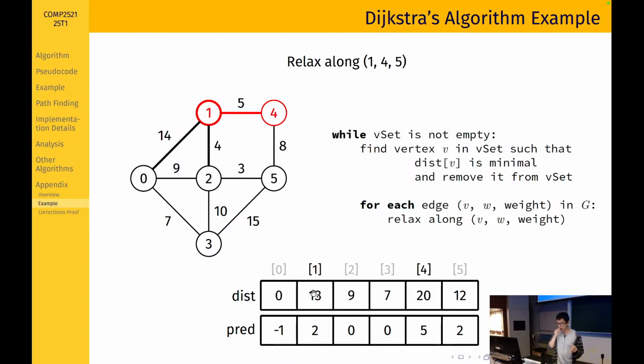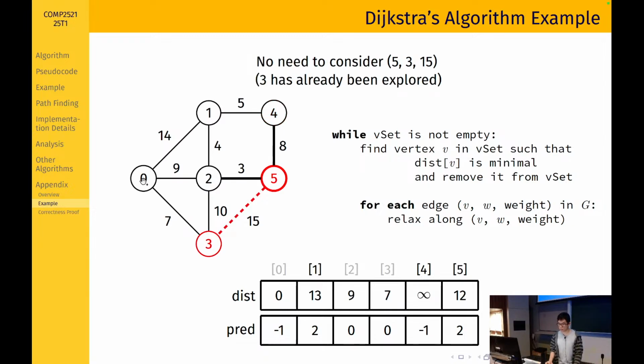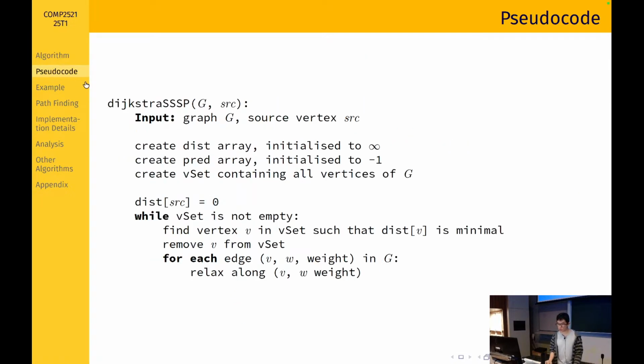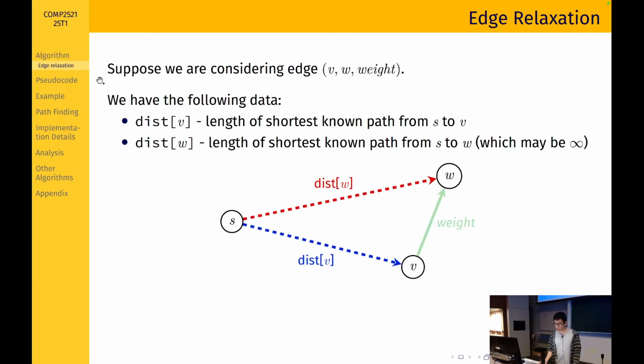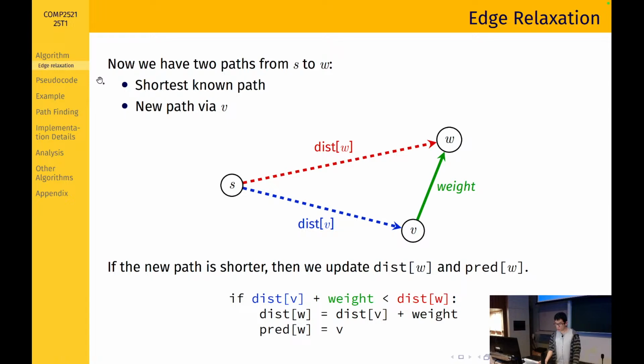So when we're relaxing along a particular edge, remember to calculate the cost of the new path. Let me go back to edge relaxation. So when we calculate the cost of the new path, we're getting the shortest distance to V from the distance array, and we're adding on the weight of the edge, right?